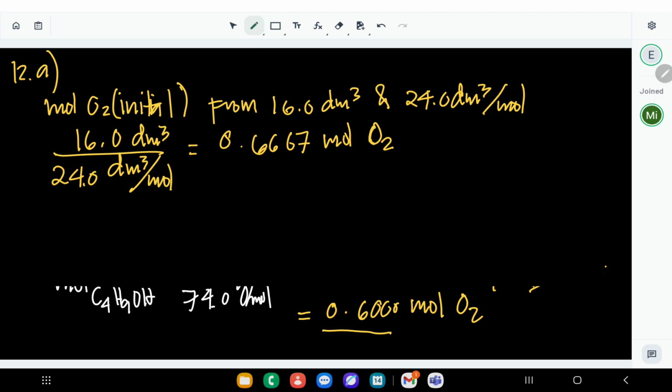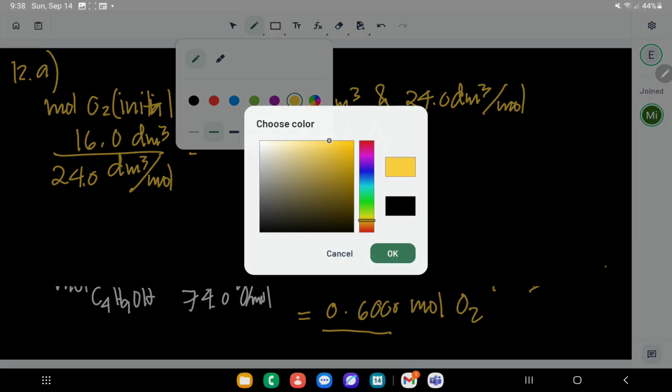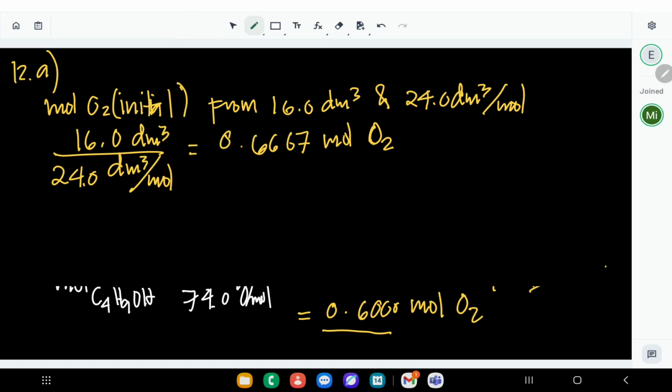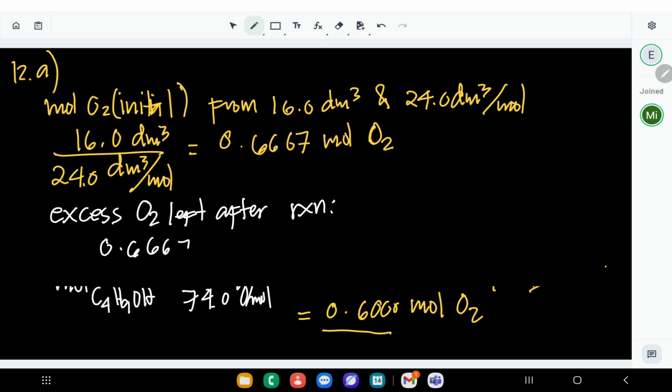So we can calculate the excess oxygen here. Excess oxygen left after reaction would be 0.6667 minus 0.6.